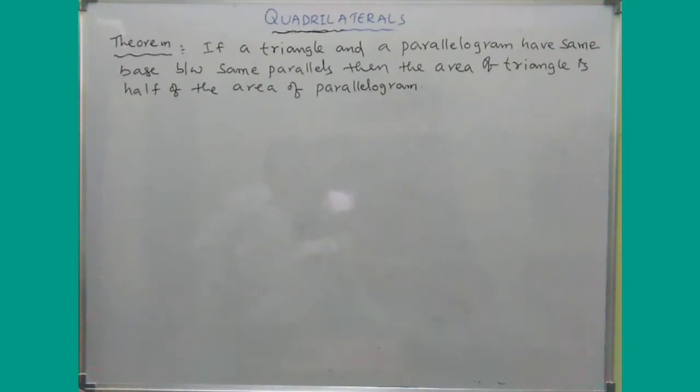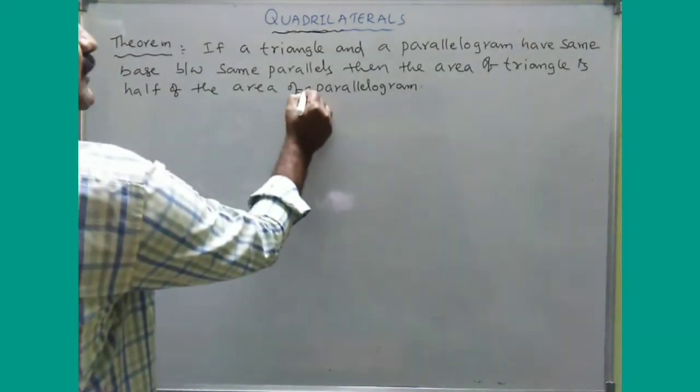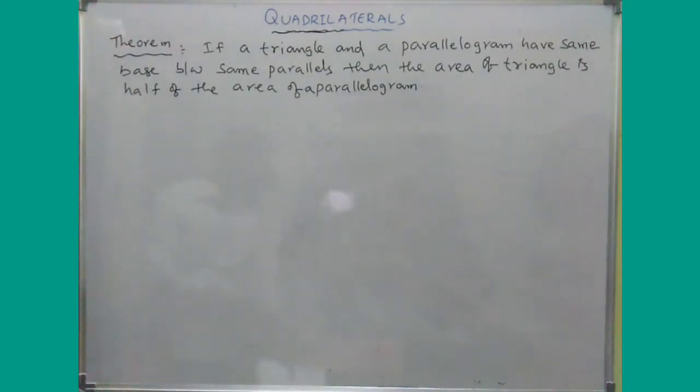But this time one is a triangle and the other is a parallelogram, having the same base and lying between the same parallels, then the area of the triangle is equal to half of the area of the parallelogram.